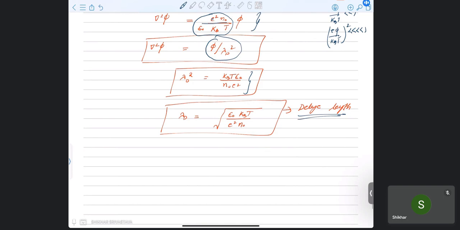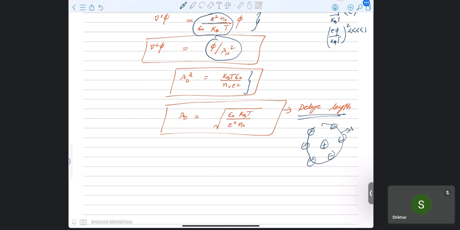Okay, so this is basically the length up to which the effect of a test charge would be felt. Outside the Debye sphere, the effect of this test charge would not be felt, and that's why it's also called a shielding effect, because these electrons which form a cloud around this positive test charge, they shield this positive test charge.